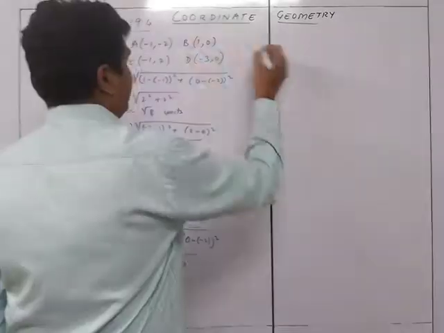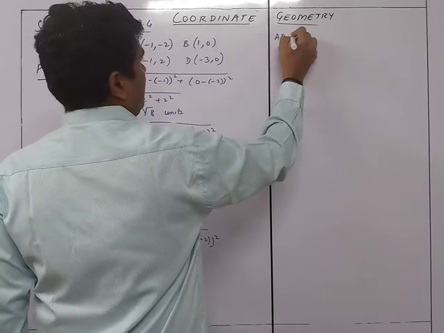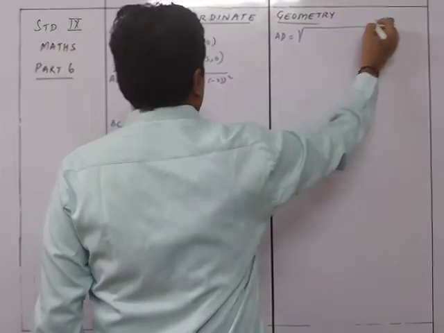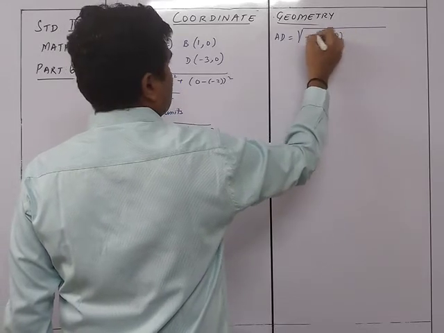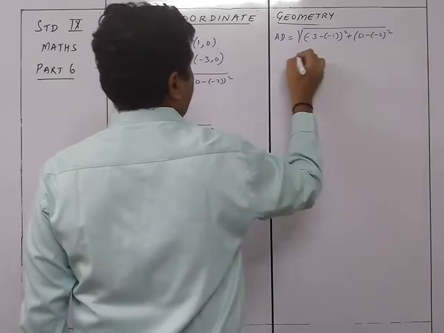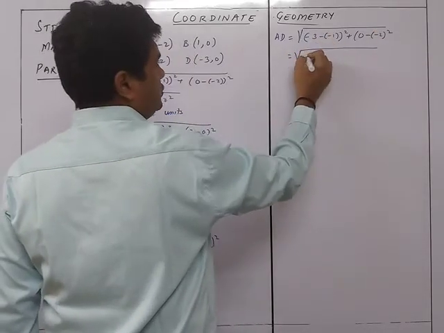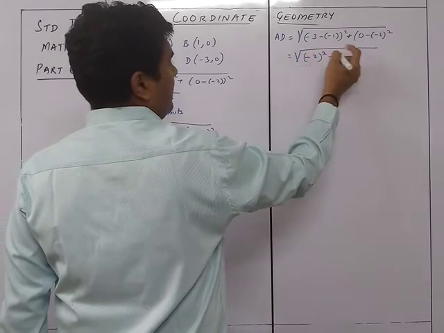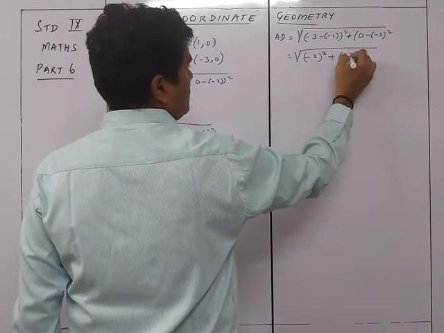So again we take out AD and BC. AD: (-3 minus of -1) the whole square plus (0 minus of -2) the whole square. That will be equal to, as -3 plus 1 is -2, the whole square, and this will be plus 2 the whole square.